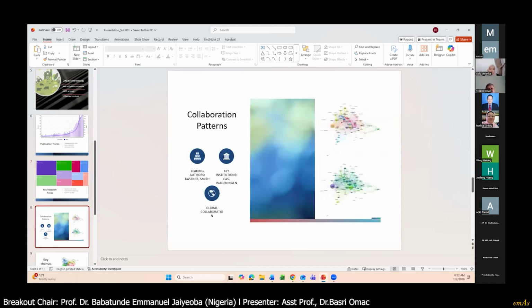When we look into collaboration, especially based on the collaboration map, we see the United States is the major country providing contribution in this area. After that, China is another big country providing more contribution.